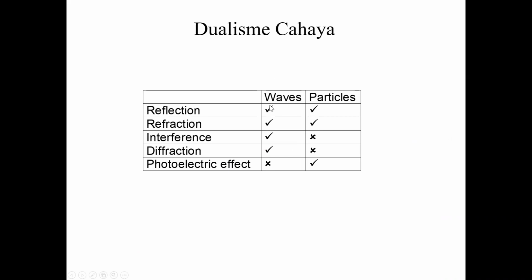The wave can be reflected, refracted, and show interference and diffraction, but not the photoelectric effect. A particle can be reflected and refracted, but it cannot show interference or diffraction patterns, but the photoelectric effect, yes.